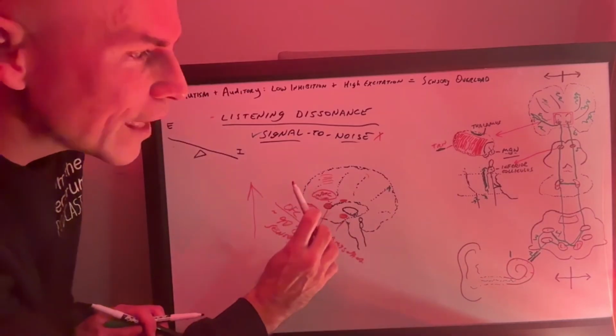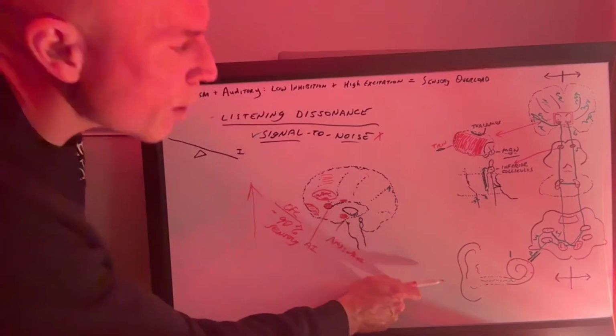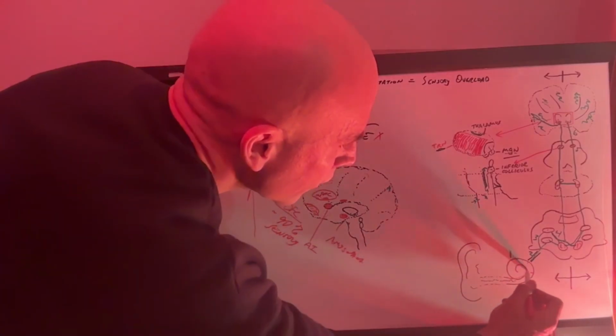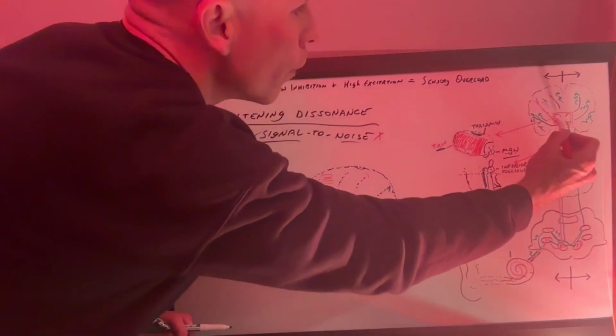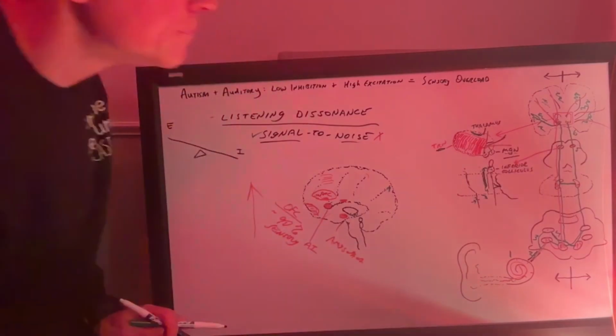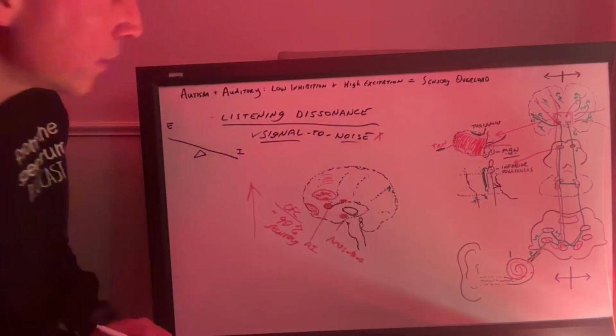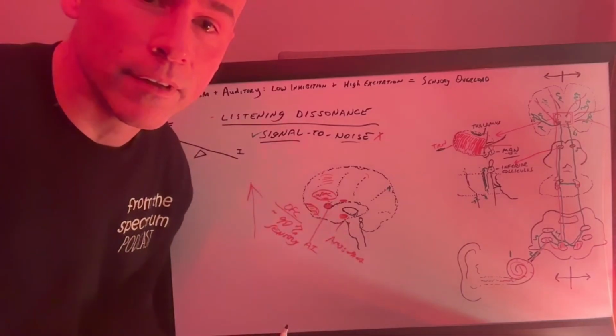But in real time, that is the option, because it is impossible to filter out all of this excessive noise coming up through here and overwhelming the brain, overwhelming the thalamus. And that is listening dissonance. This is a bad thing, and it's uncontrollable.